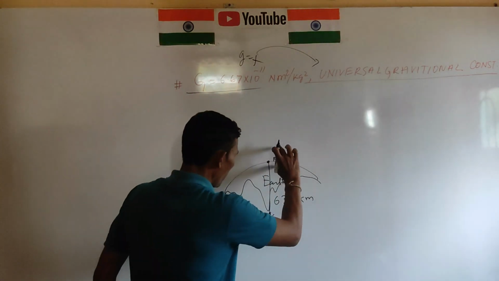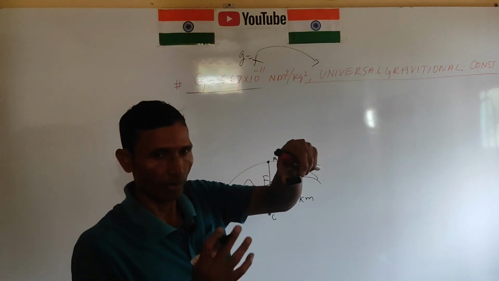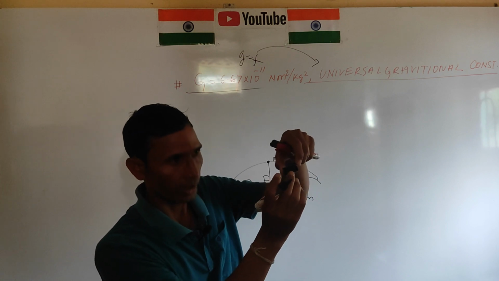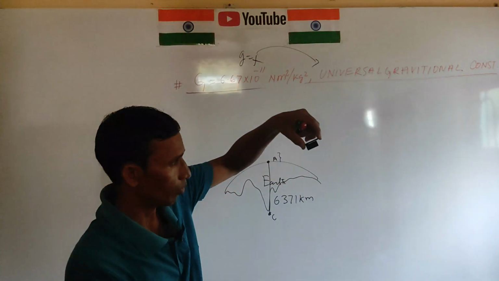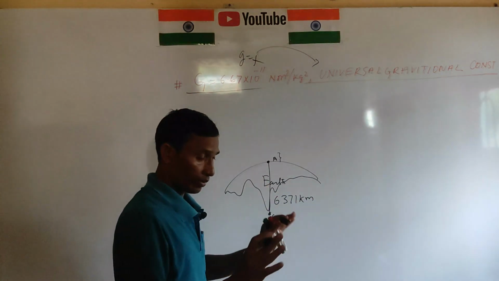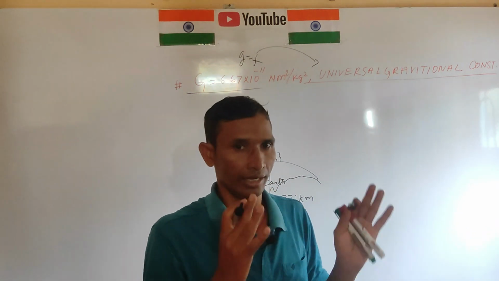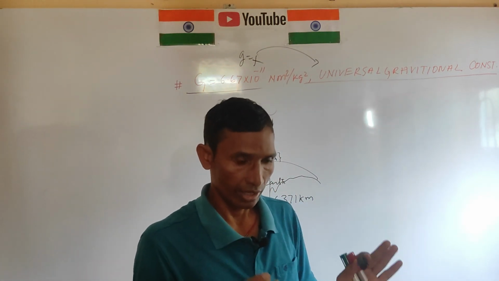We cannot keep it at 1 inch because Earth attracts it toward the center. So here the body is falling down toward the center. So it is the universe. Whenever two bodies are at a distance, then universal gravitational constant is acting here.